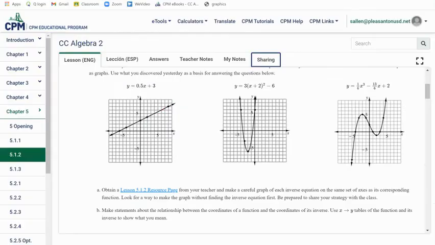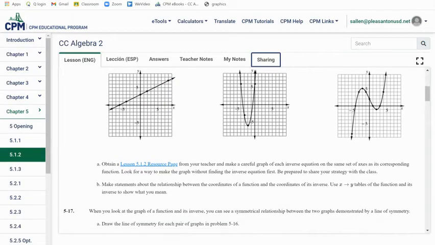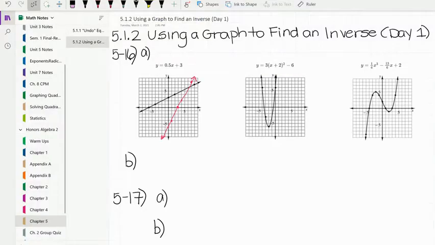Now looking at the next question, it wants us to make statements about the relationship between the coordinates of a function and the coordinates of its inverse. Use xy tables of the functions and an inverse to show what you mean. We already talked about that: the x and y values switch.